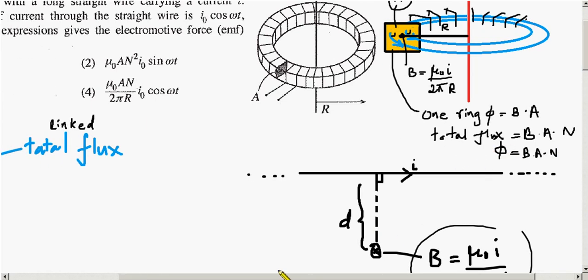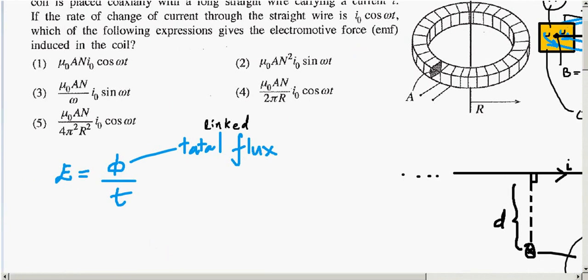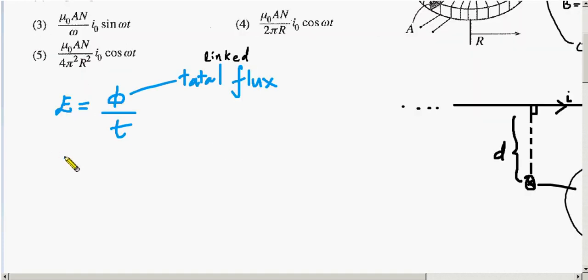So now we can substitute it here. E equals B times A times n divided by t.